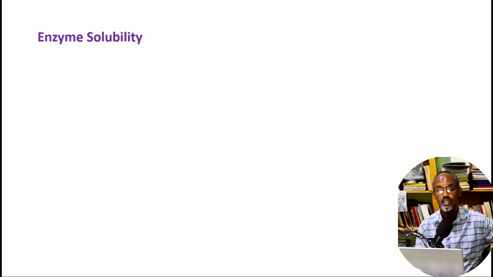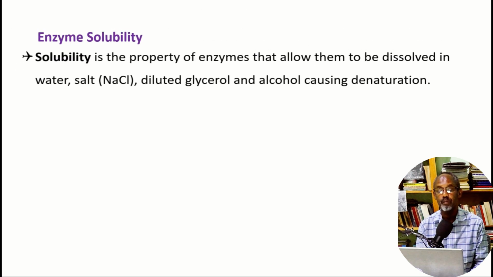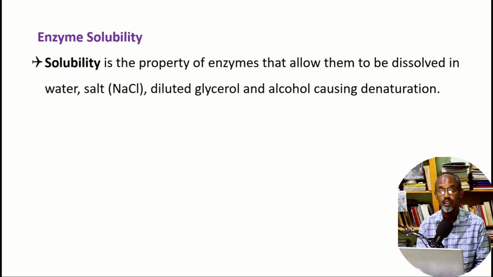Enzyme solubility, the other property. We have said a little extra on denaturation. Now, the second physical property, enzyme solubility. Solubility is a property of enzymes that allow them to be dissolved in water, salt, dilute glycerol, and alcohol. Of course, if you dissolve them in solvents which can cause denaturation, the protein will be denatured.